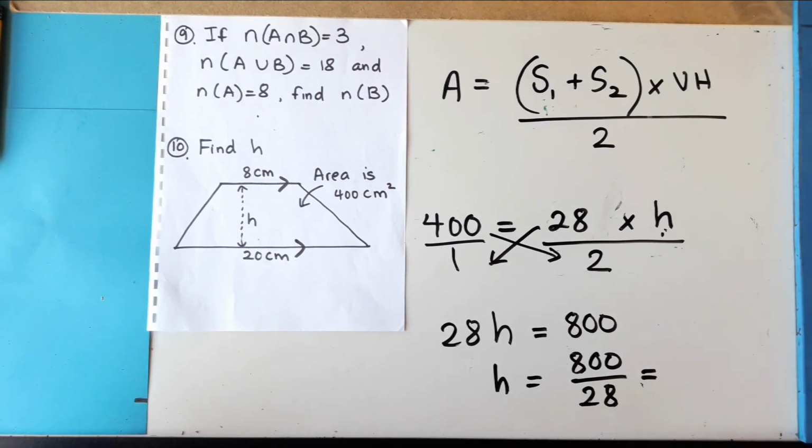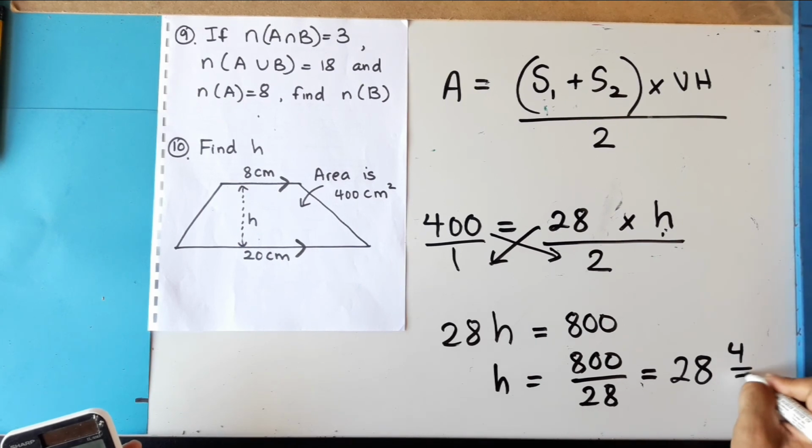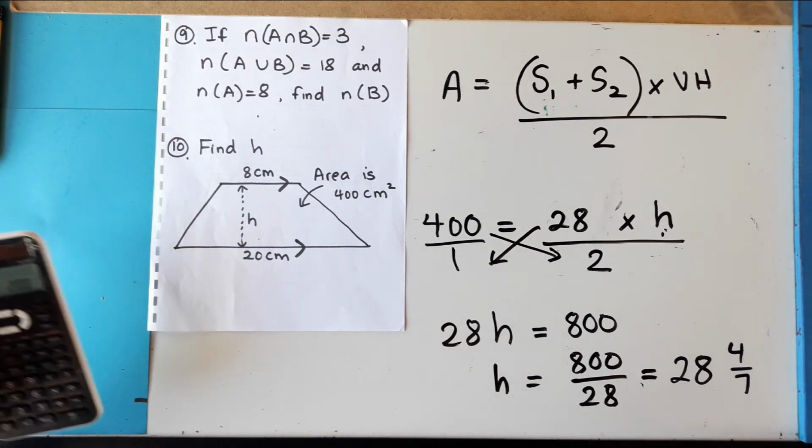So we just need to reduce that. 800 divided by 28, well, will be 28 and 4/7, if I'm not mistaken, right? So I'll leave it up to you just to reduce it. And let's double check in the answer. 28 multiplied by 7 plus 4.